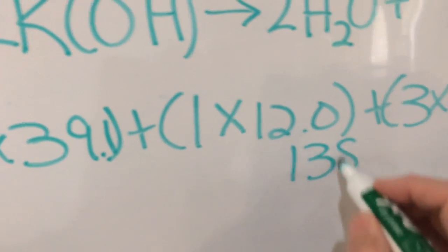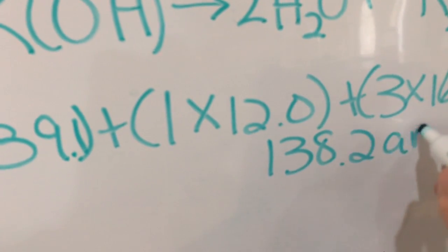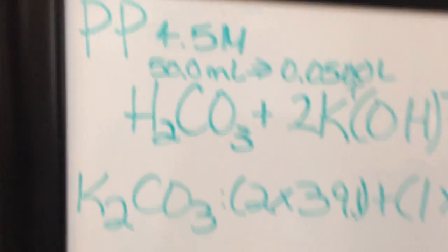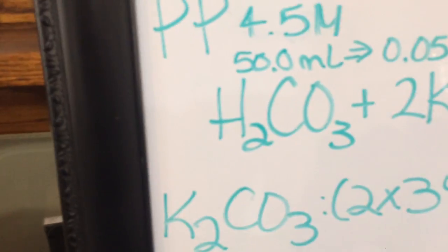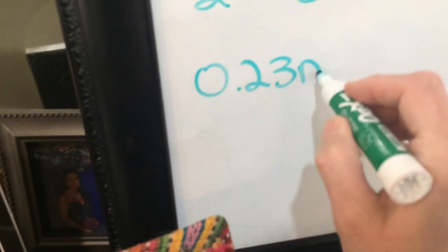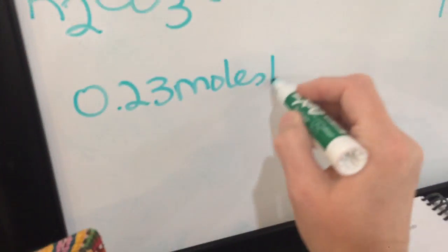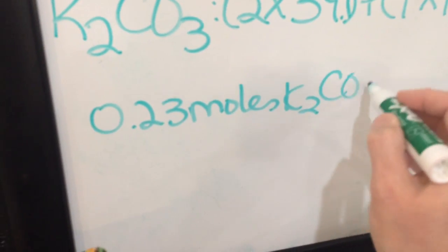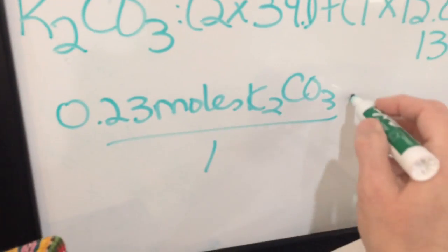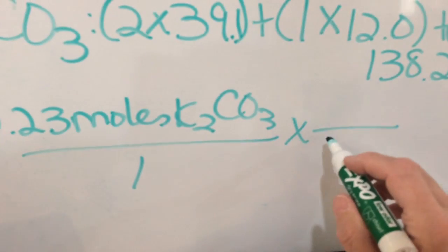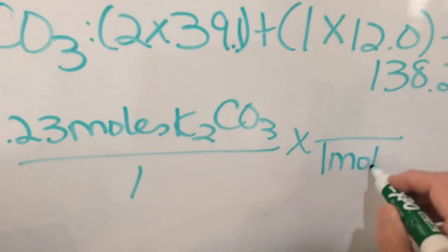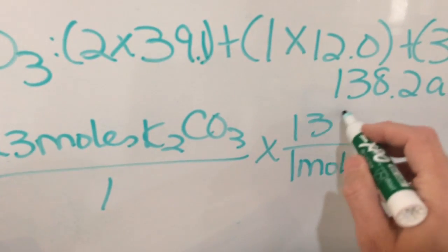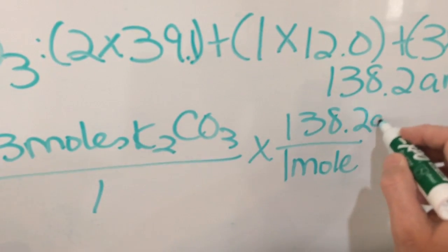I have 138.2 amu, which means that if I have 0.23 moles of K2CO3, I know that 1 mole of K2CO3 is equal to 138.2 grams.